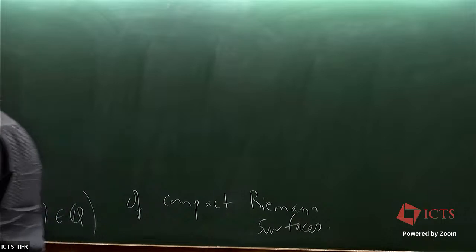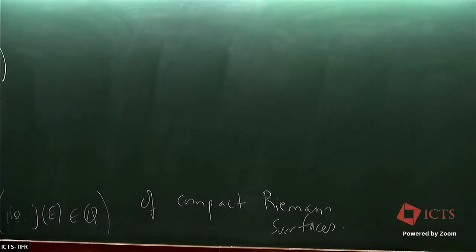So you can just rephrase the modularity theorem in this language: a map from one Riemann surface to a particular Riemann surface of genus 1, as long as your elliptic curve's j-invariant is defined over Q. Okay, so just a small remark.